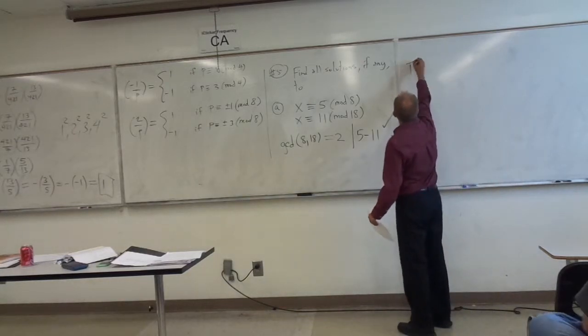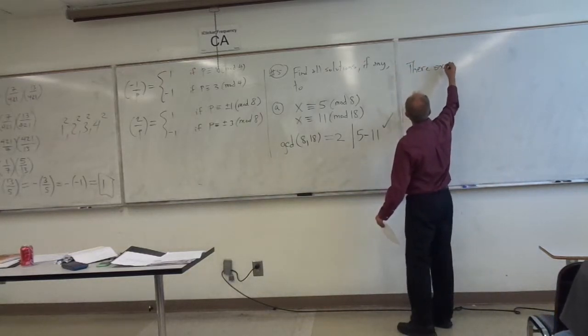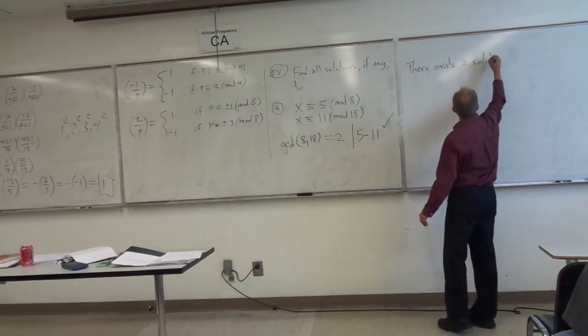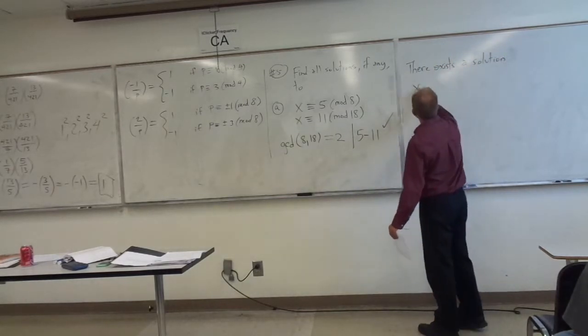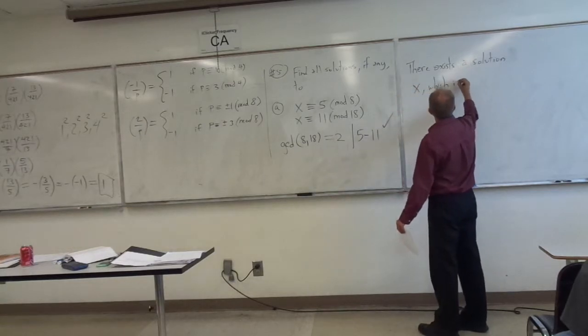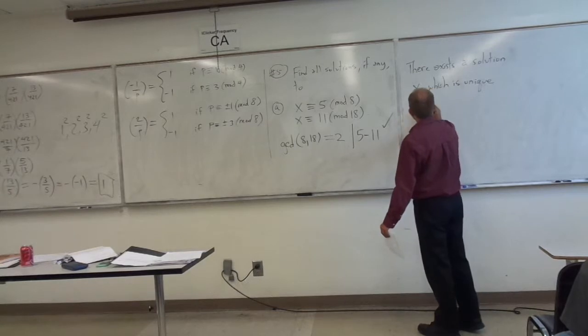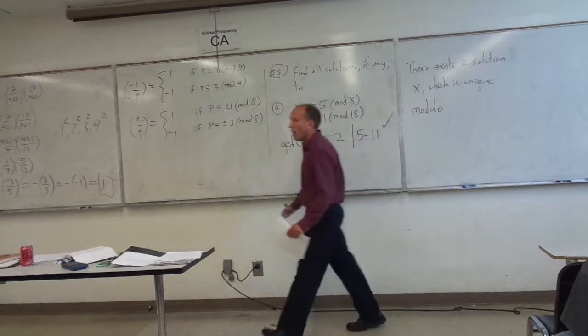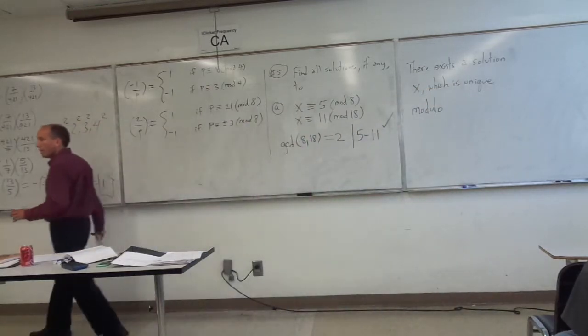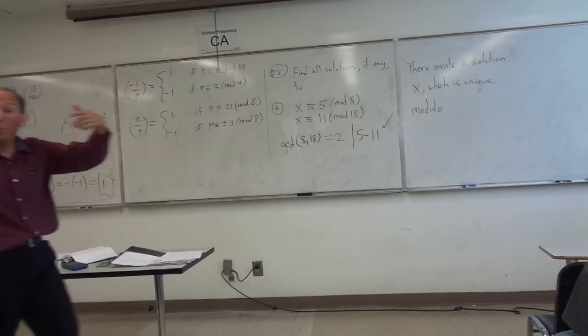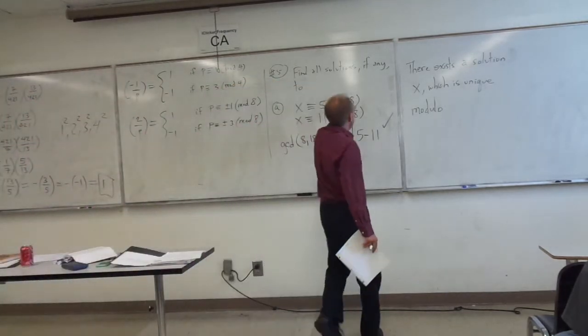And in fact, just to remind you again, there exists a solution X, which is unique modulo. Do you guys remember what the mod is that provides the uniqueness of this solution? Yes, it's the least common multiple of these two mods.